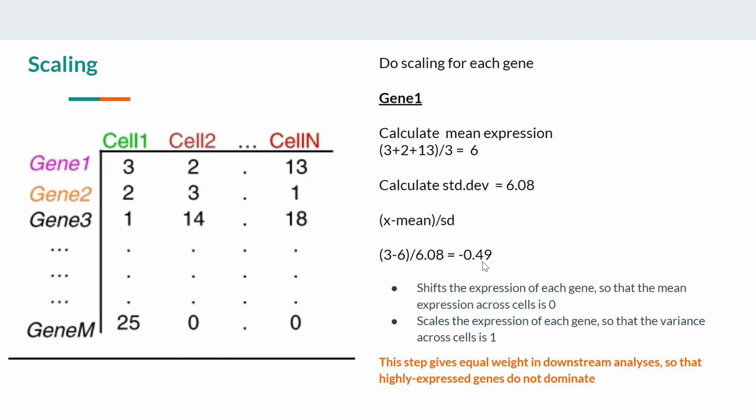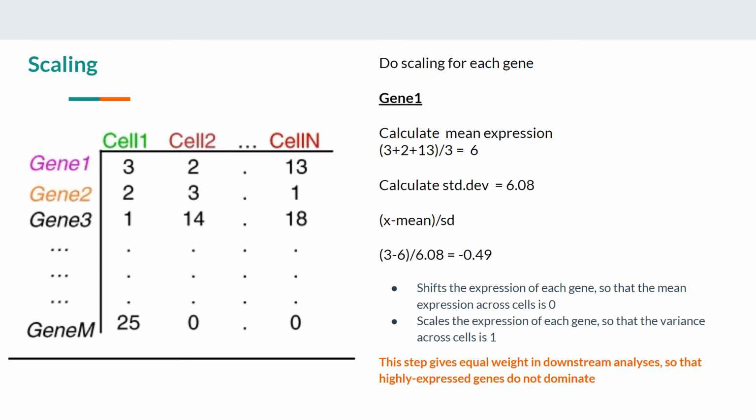When we divide by the standard deviation, it scales the expression of each gene so that the standard deviation across the cells now becomes 1. So after scaling, when we again calculate, the mean will become 0 and the standard deviation will become 1.